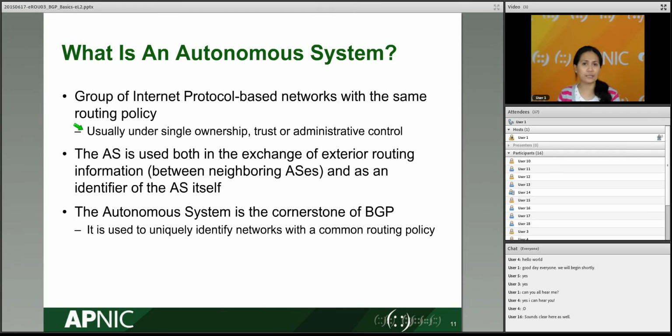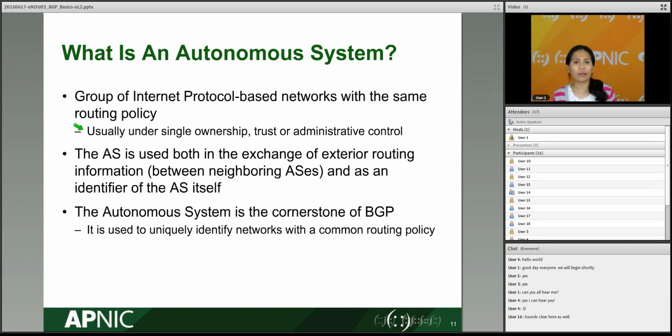An AS is considered the cornerstone of BGP. That's how we identify networks. If you're going to create policies, if you're going to define BGP for our networks, we have to identify the unique number that is associated with an autonomous system. Each autonomous system has this unique number. We call it an ASN. It's either 2 byte or 4 byte.